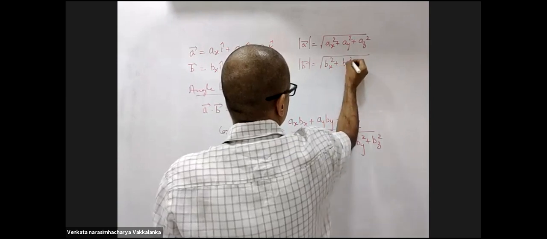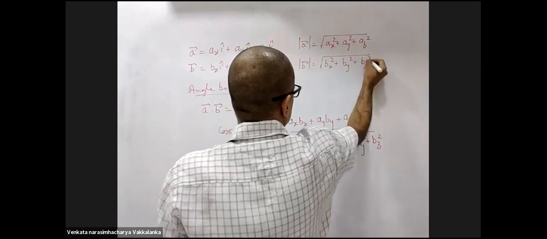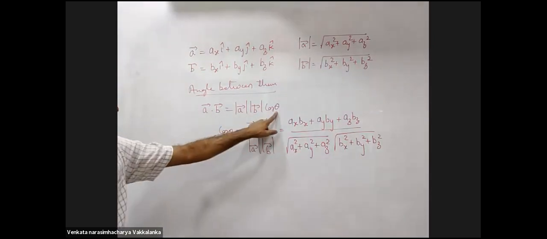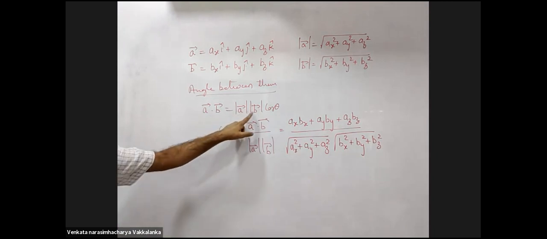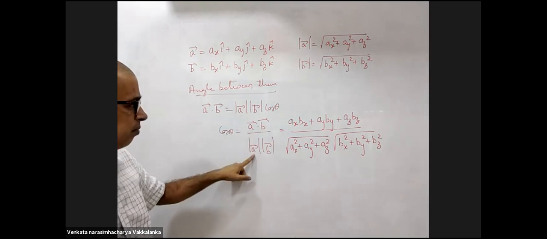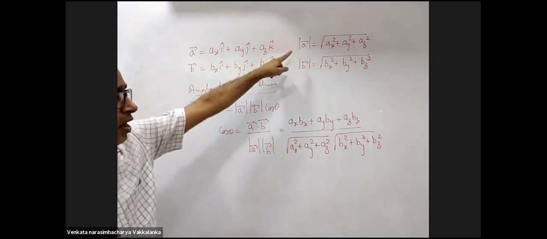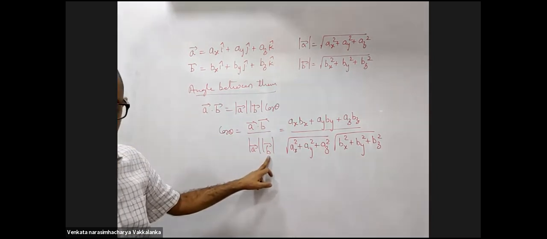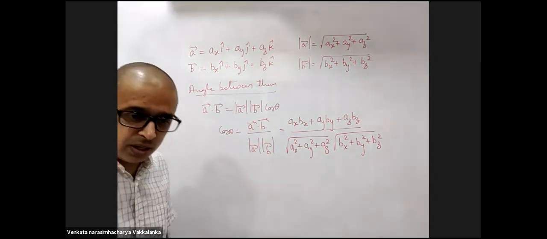Substituting the magnitudes of A and B, cos theta will be A dot B divided by the magnitudes of A and B. The magnitude of A is root over of ax square plus ay square plus az square, and the magnitude of B is root over of bx square plus by square plus bz square.